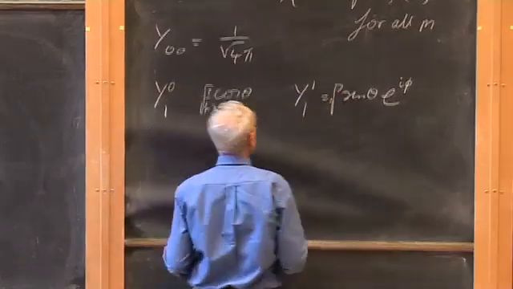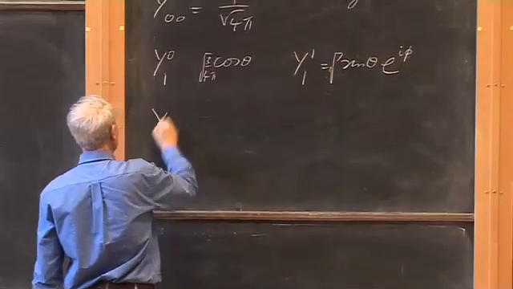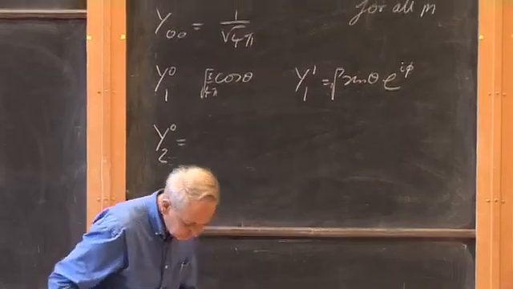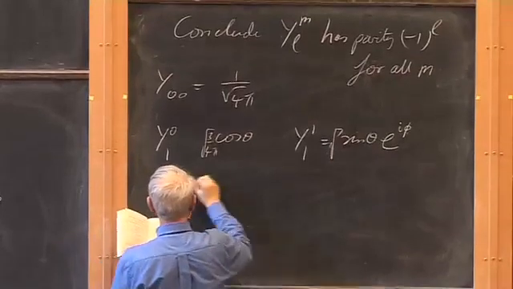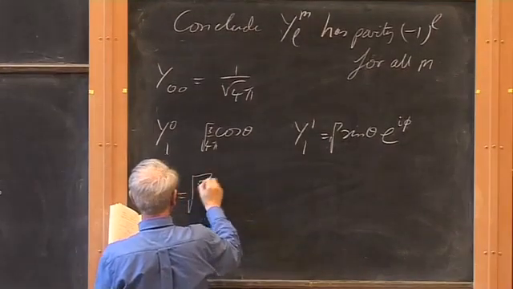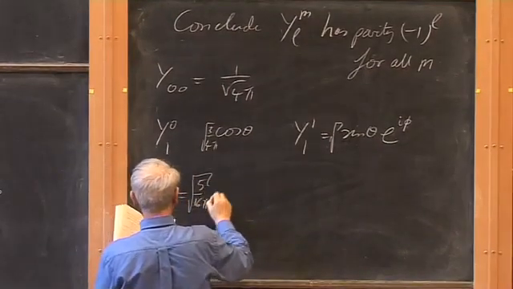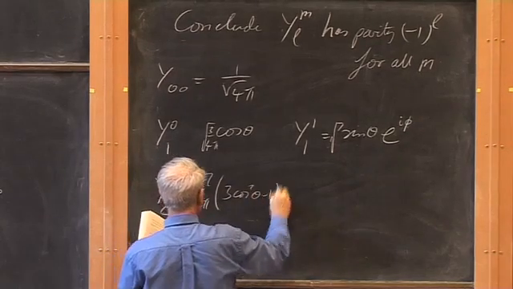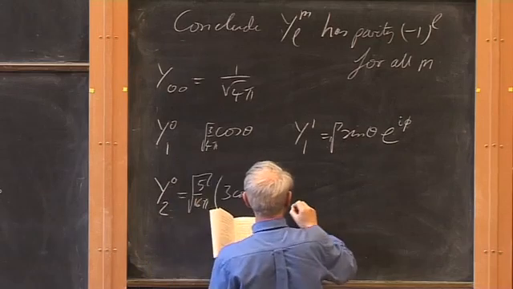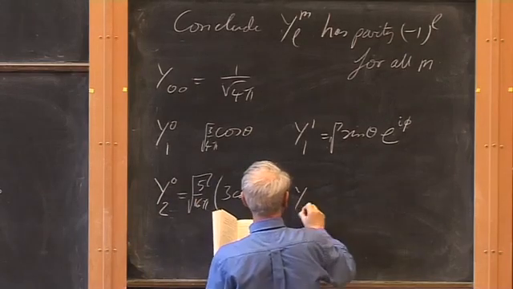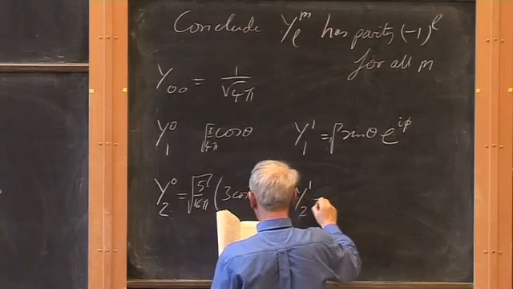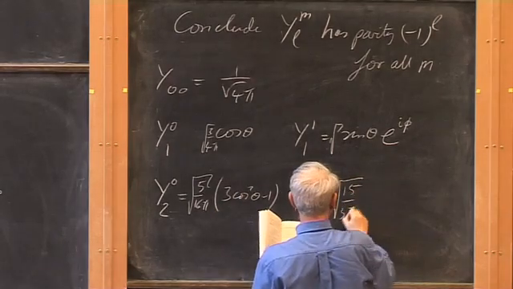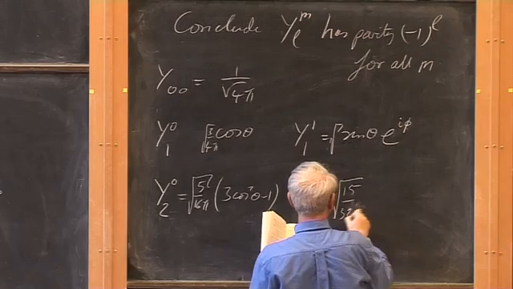And the Y_2s go like cos theta, sine theta. So Y_20 is equal to a normalizing factor that happens to be 5 over 16 pi, that's not so interesting, times 3 cos squared theta minus 1. And Y_21 is minus the square root of 15 over 32 pi, which is not so interesting.